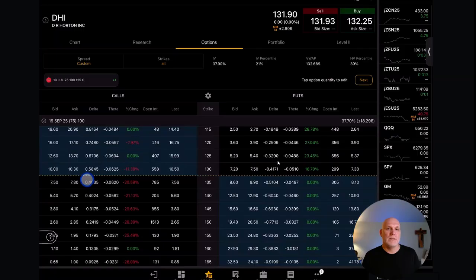So if tomorrow I bought this and it goes up, with everything being equal, no volatility crush, nothing, the next day you could expect that if it moved up by $1, this is going to be $50 profitable because it's the equivalent of holding 50 shares. 50 shares moving up $1 is $50.